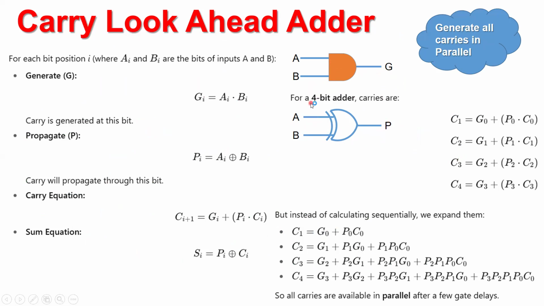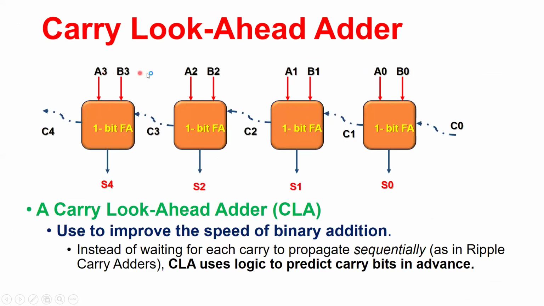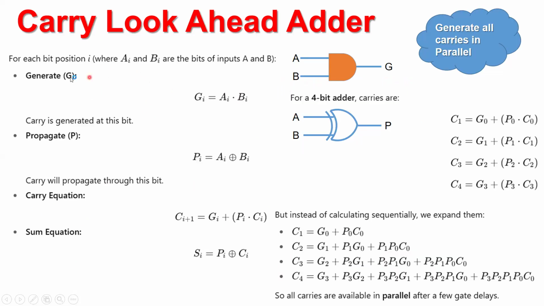For a 4-bit adder example, again you have 4 bits: A naught, B naught, A1, B1, A2, B2, and A3, B3. What we just saw in the previous schematic, all these bits. For each of these combinations of bits, A naught and B naught, A1 and B1, and so forth, you implement this logic.